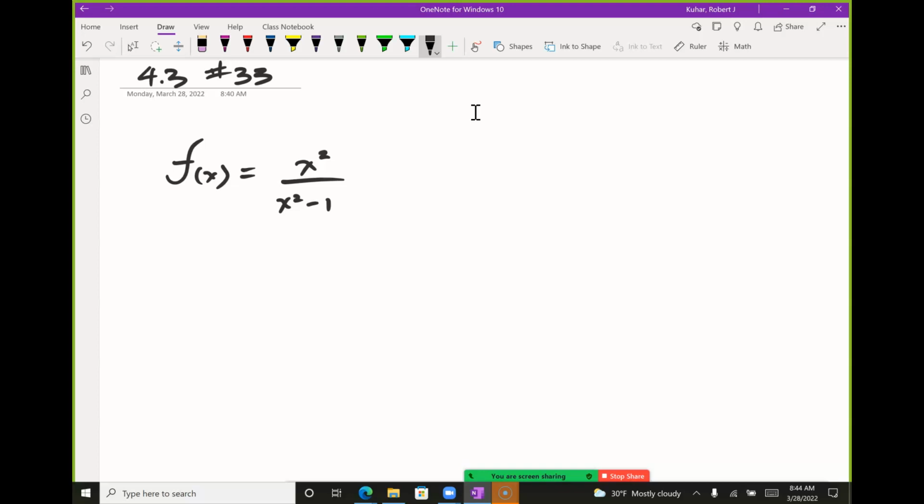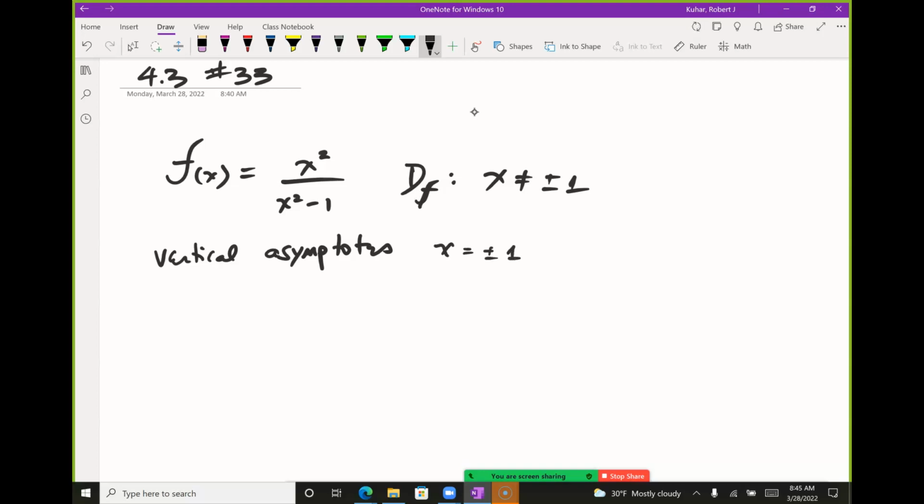All right, let's take a look at this. What's our domain here? Nice. Where do we have vertical asymptotes? Imagine positive 1. X equals plus and minus 1, right? Very much related to the domain.